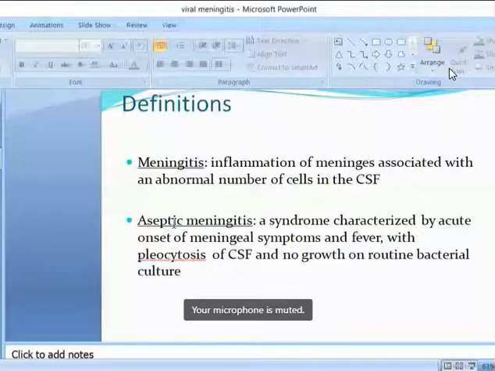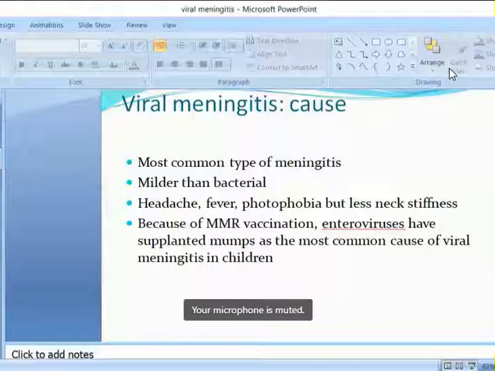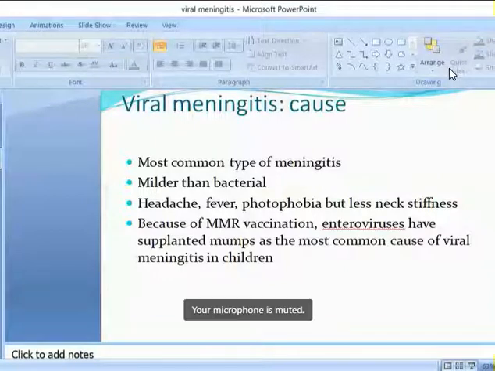Then we go on to the causes. Okay, although it's not a very important cause of meningitis, viral meningitis is the most common type of meningitis. Although for you guys, bacterial meningitis is more important to know, still, viral meningitis occurs more commonly than bacterial meningitis.